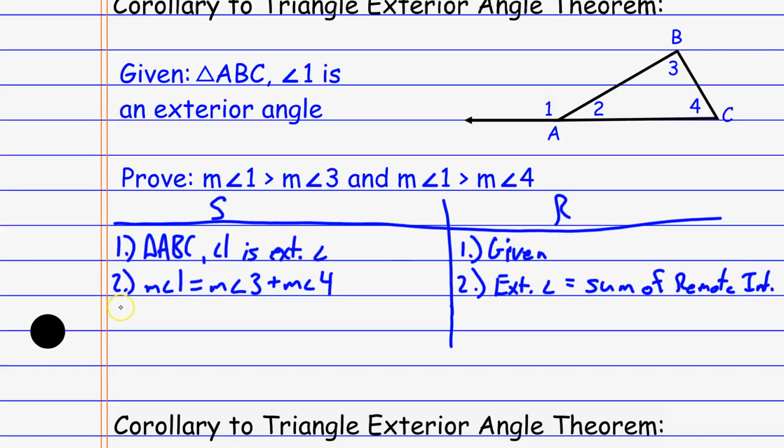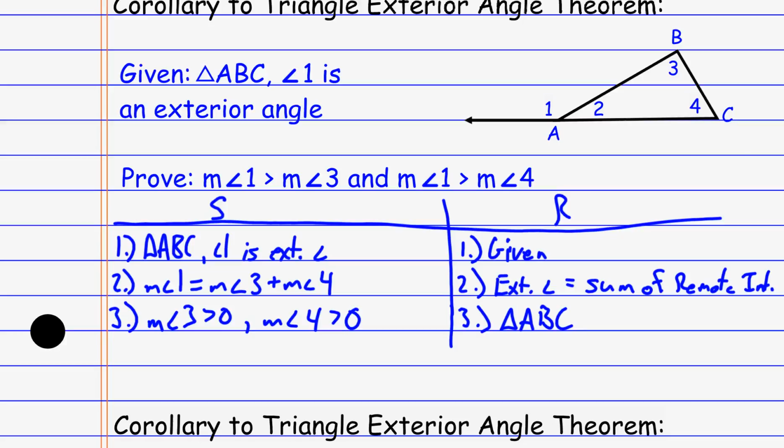In fact, the reason that part of my given is that I have a triangle is because that allows me to say that the measure of angle 3 is greater than 0 and the measure of angle 4 is greater than 0 because I have triangle ABC. Alright, if either one of those was not greater than 0, I would not have a triangle because I wouldn't have one of those angles.